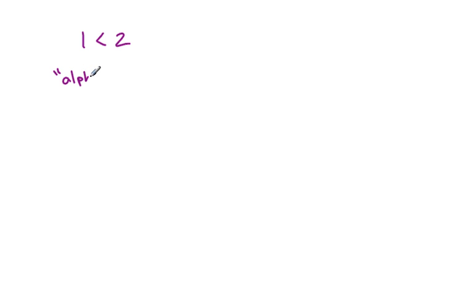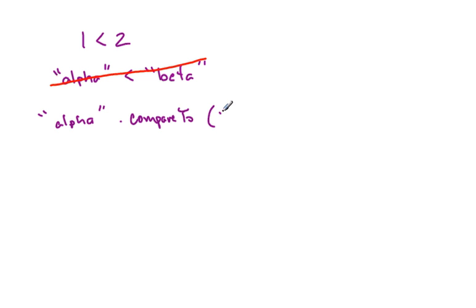That would be akin to saying alpha is less than beta, but we know that strings are objects, and so we can't actually do that. And the way it would look with strings is to say alpha.compareTo(beta) is less than 0. If it's less than 0, that means alpha comes before beta, which it does in this case.